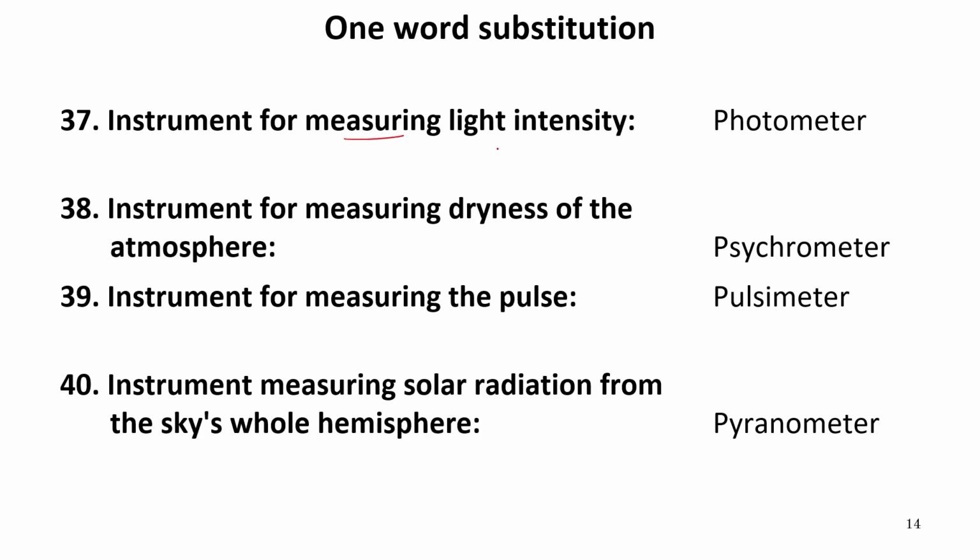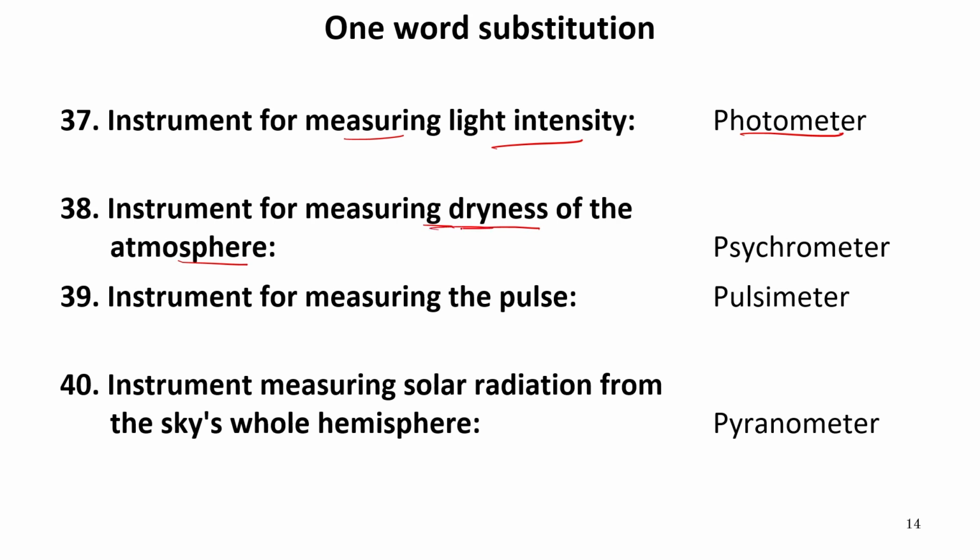Now let us move to the next one. Instrument for measuring light intensity. This is known as photometer. Now phono is basically used for sound and photo is used for light. So for light intensity we use an instrument that is photometer. Instrument for measuring dryness of the atmosphere.